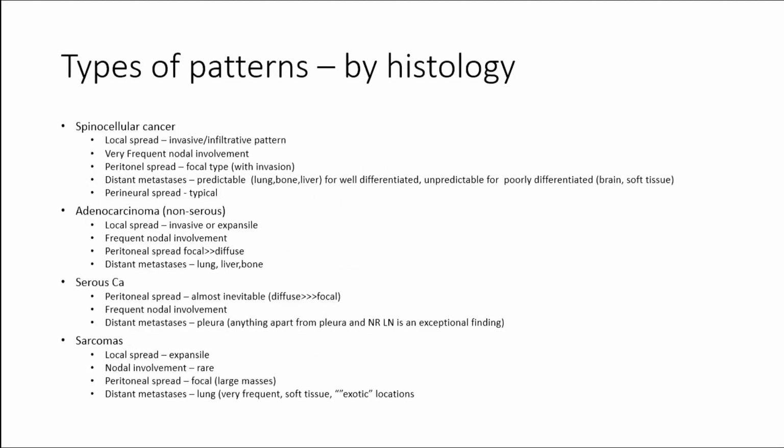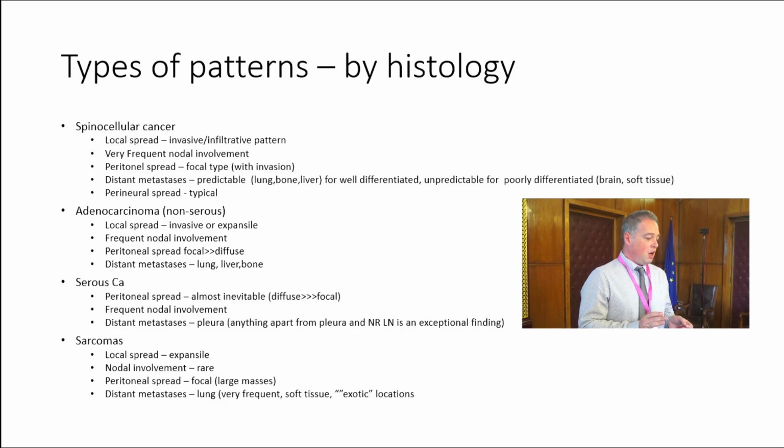Different histologies have different patterns of behavior. Squamous cell cancer has invasive local spread, very frequent nodal involvement, focal type peritoneal spread, and a very typical perineural spread. For serous carcinoma, the peritoneal spread is almost inevitable, and it's in 90% of the cases diffuse.